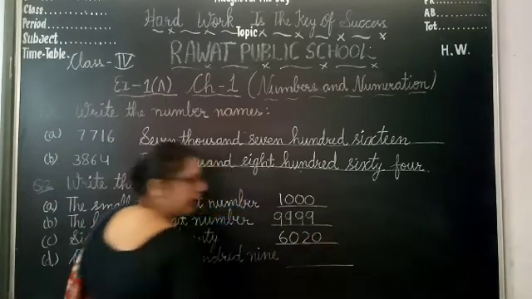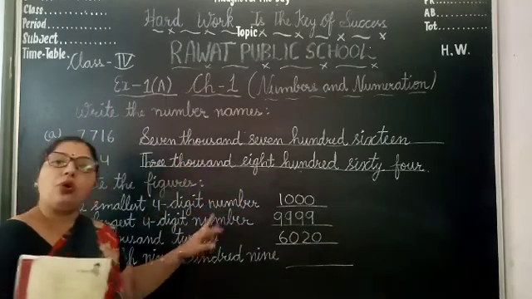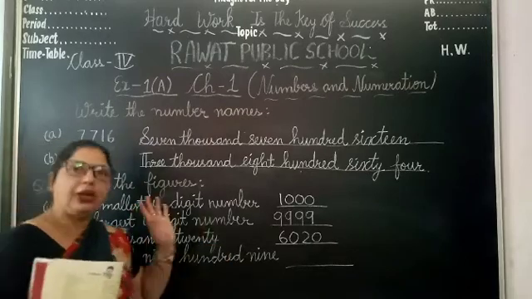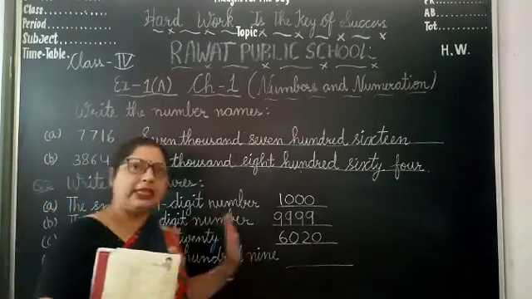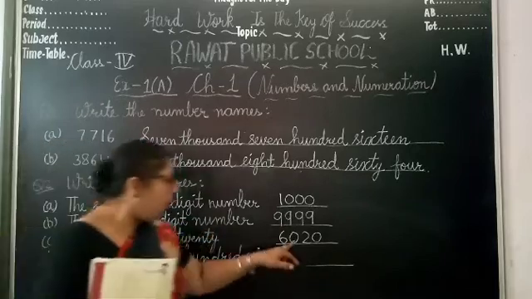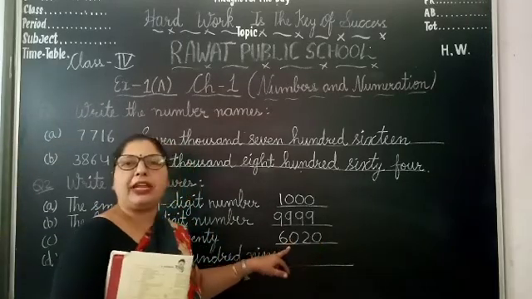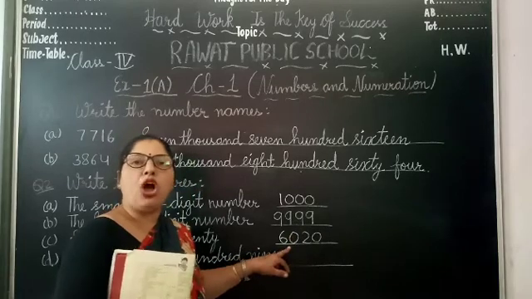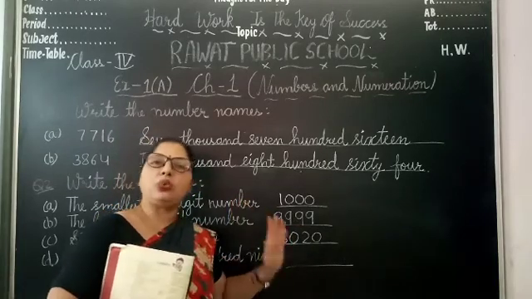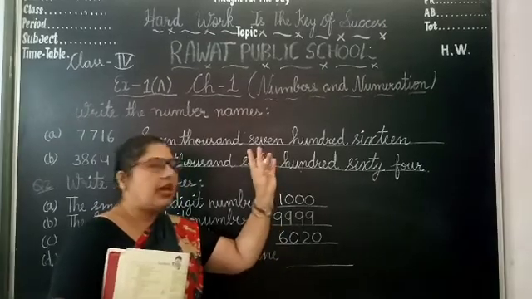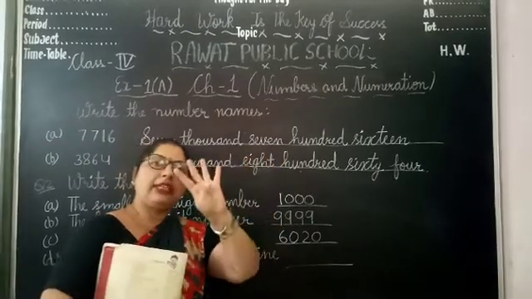Now there is no ones digit and no hundreds digit, so we put 0 at the place of ones and 0 at the place of hundreds, because if our digit is in 1000, then we will write a 4-digit number: ones, tens, hundreds, thousands.